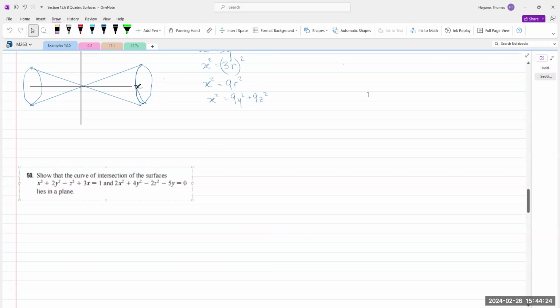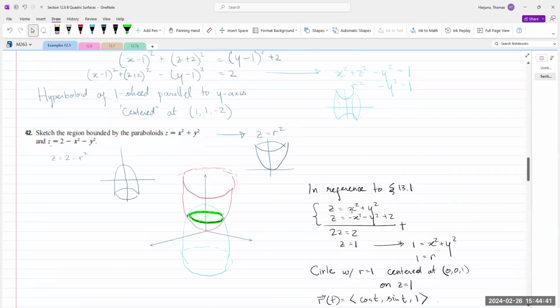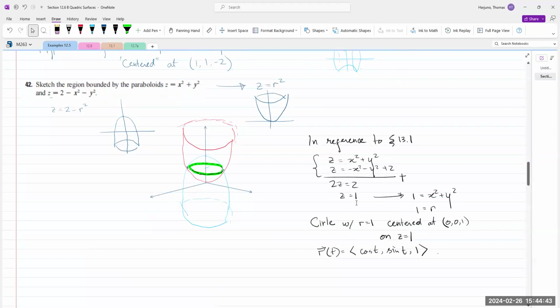Show that the curve of intersection of the surfaces lies in the plane. So we just need to show that either x or y or z equals a constant. That's what we need to show. The same case with the last two, this question here. So the intersection of these two surface paraboloids actually lies on a plane. It's actually a circle on plane z equals 1.